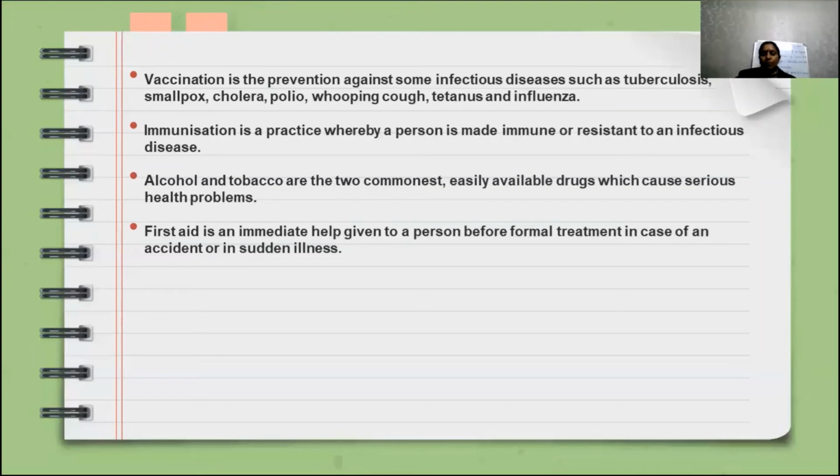So in what cases is first aid needed, as mentioned in the chapter? For bleeding. In case of profuse bleeding, we can give first aid. Then animal bites.